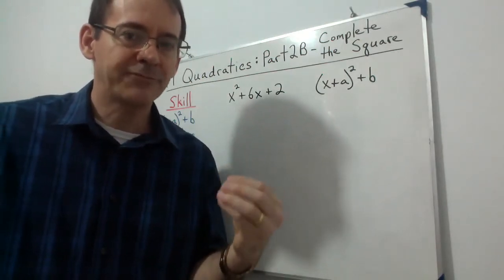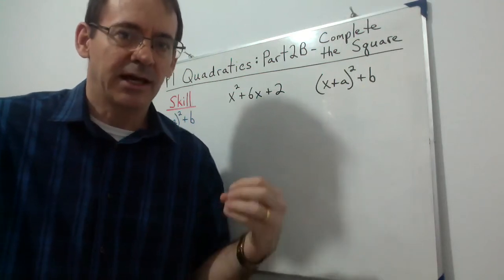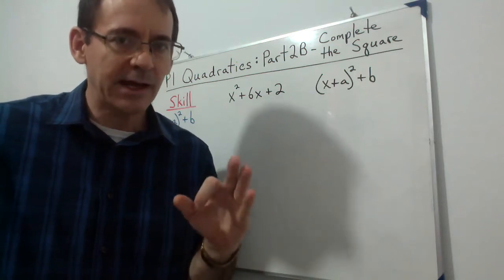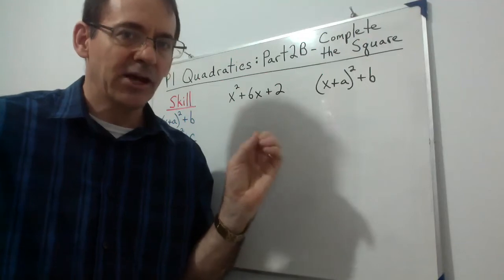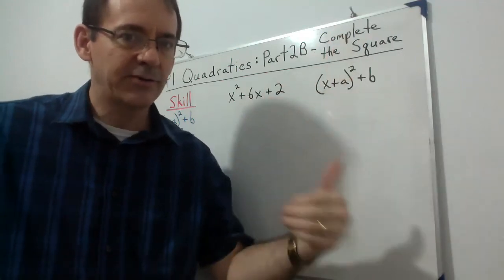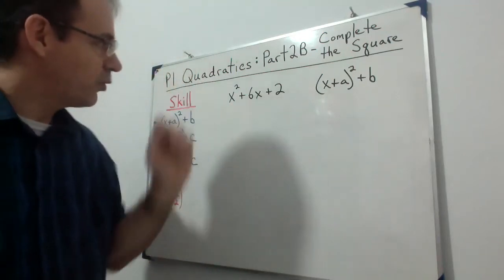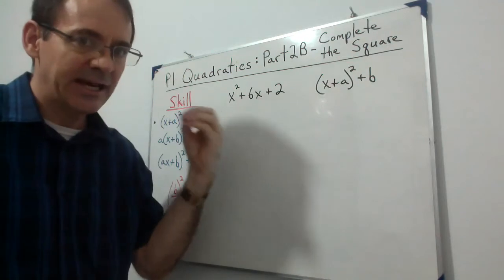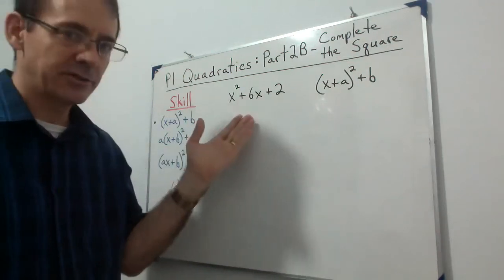What do you have to do in the Cambridge question types in order to succeed at completing the square? Now, remember in the last part 2A, I ended it with a little outline of all the applications. Now, in the units quadratics, you're going to see it exactly as just a skill. In other words, you're not applying it, you're just doing it.